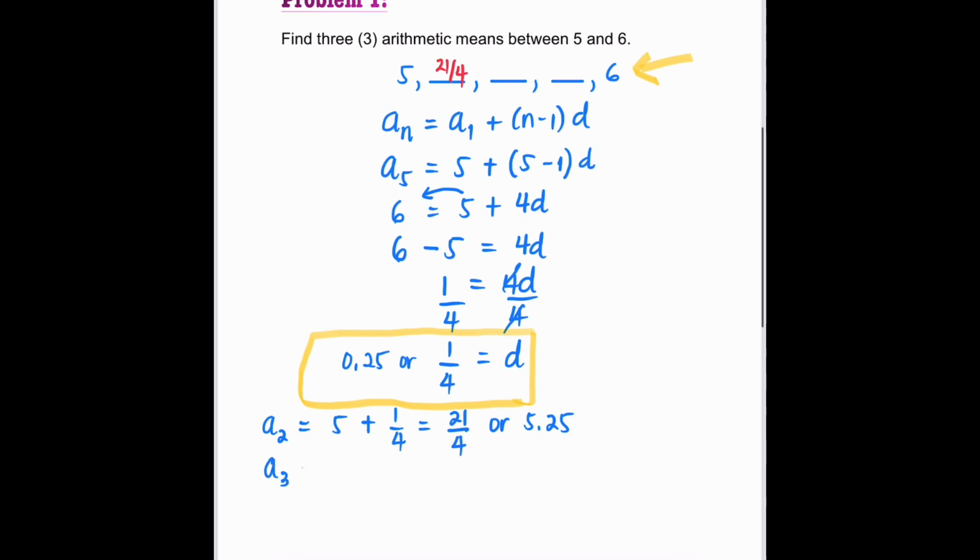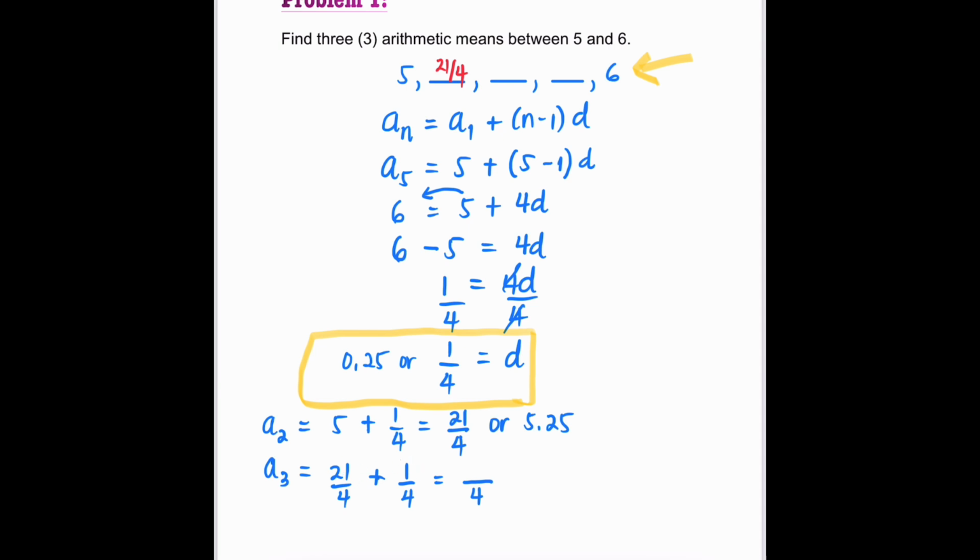And to find the third term, it should be a sub 3. So we take the second term, which is 21 over 4, plus 1 over 4 again, which is the common difference. So now we're looking at similar fractions. We just copy the denominator, 4, and we add the numerators.